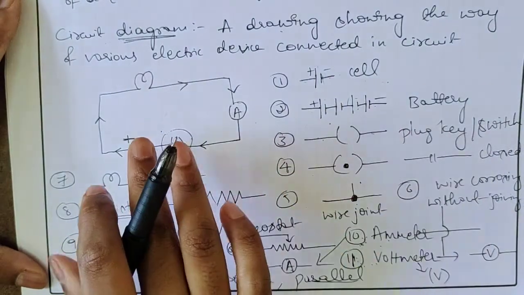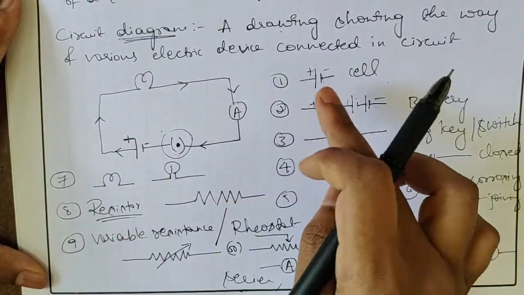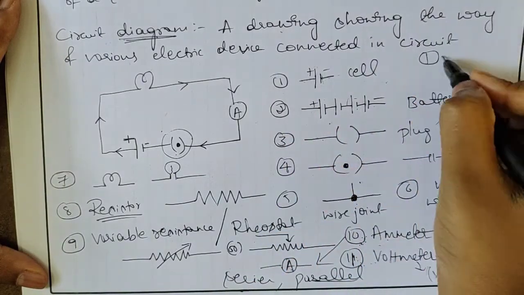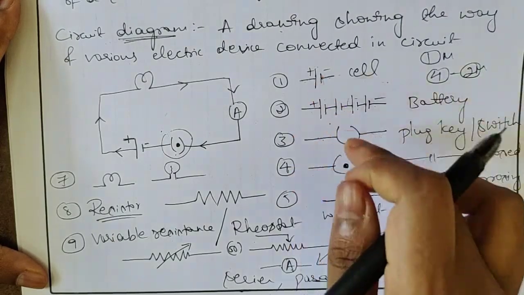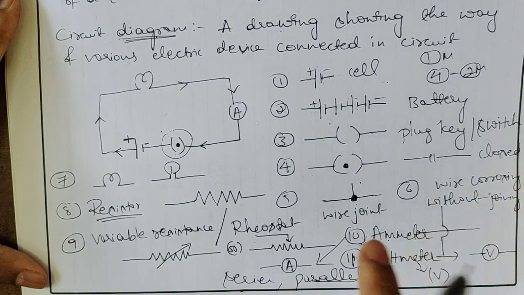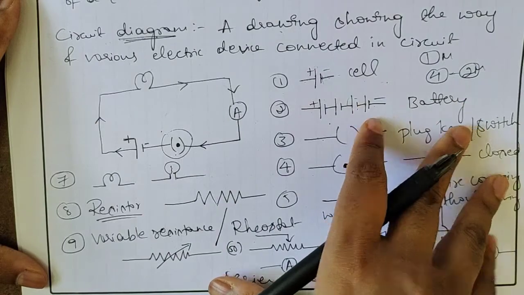What they will ask is to write a simple circuit diagram, or they can take any 2 of these 11 for 1 mark or any 4 for 2 marks. That means each carries half a mark. They will ask you to write the symbol of battery, plug key closed or open, and write the symbol of rheostat or resistor. Clear? So it is important.